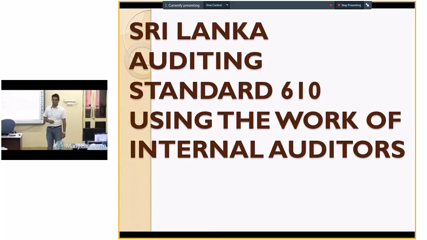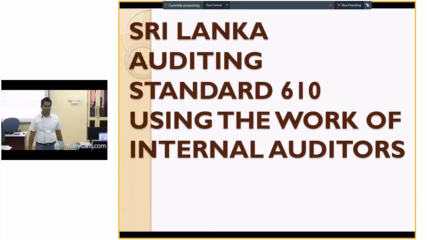Who are the internal auditors? Those who are working for the company. To control the procedures. To control the procedures. What else? What is their role? In simple terms, what is the internal auditor's role?